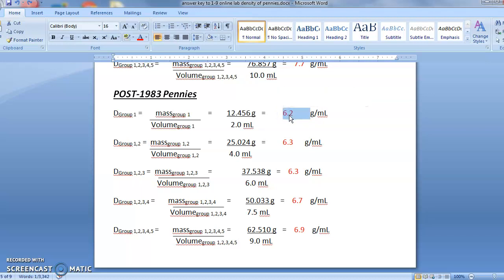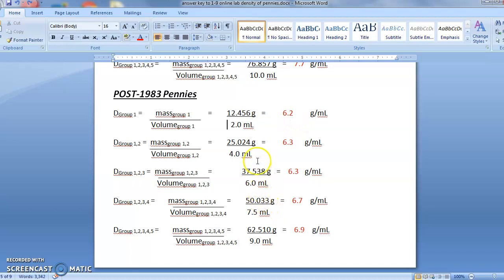We kept two numbers, the 6 and the 2, because this number here that was measured only has two numbers. You're only allowed to keep the same number of numbers in your answer as the number used in the calculations that had the fewest. So this has two numbers, so we're only allowed to keep two.